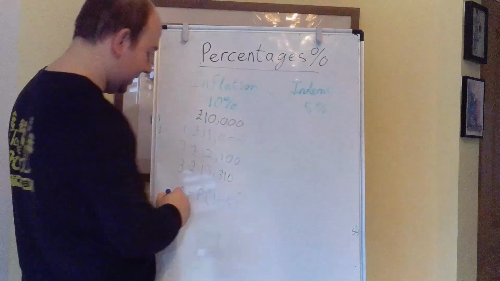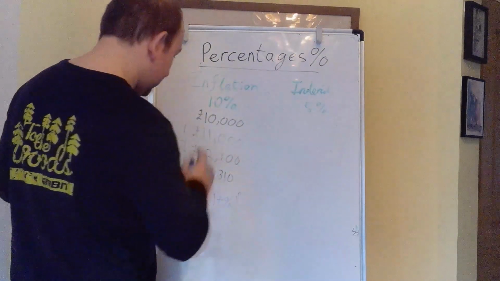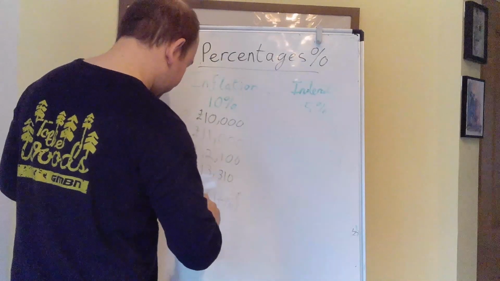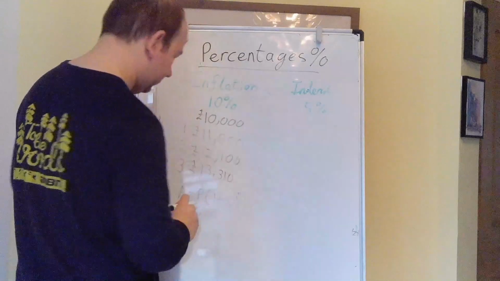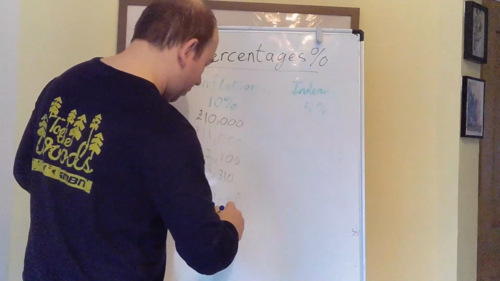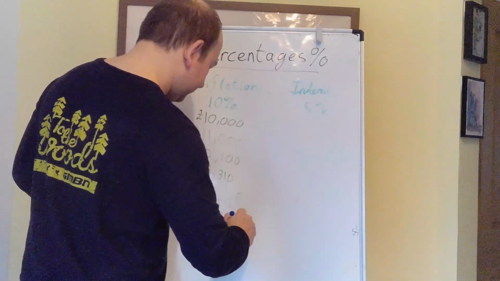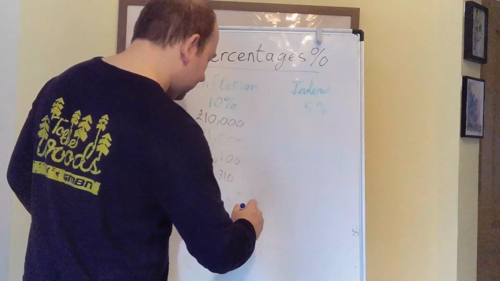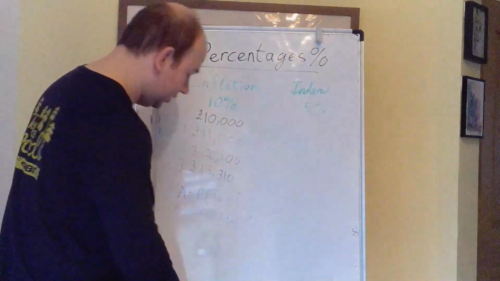In this case, A is equal to 10,000 multiplied by 1 plus 10% to the power 3.